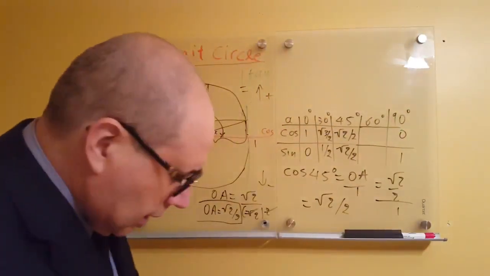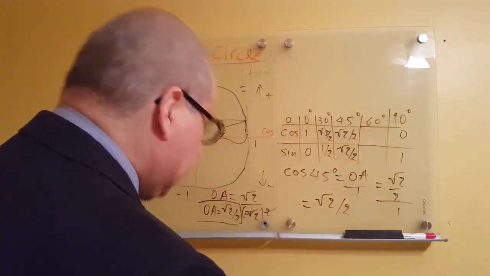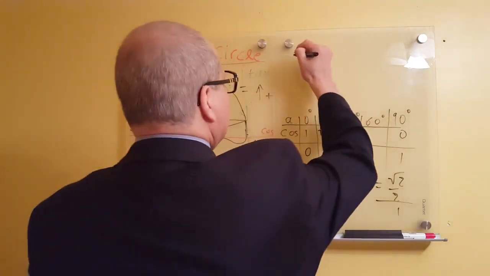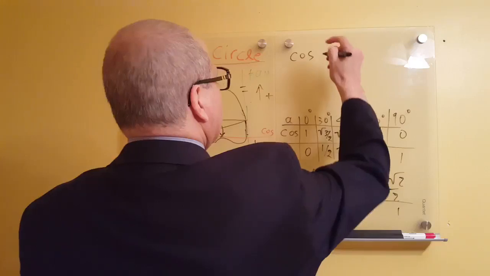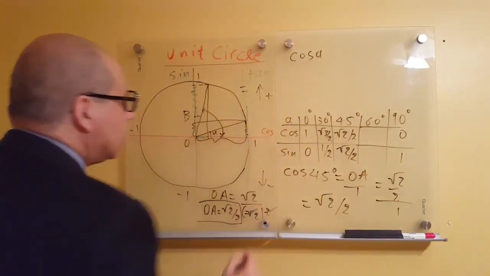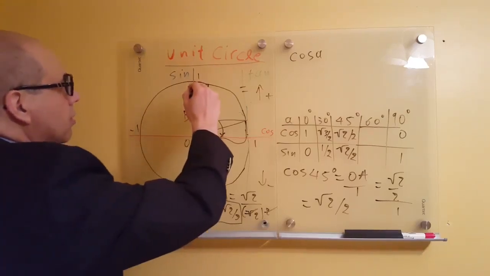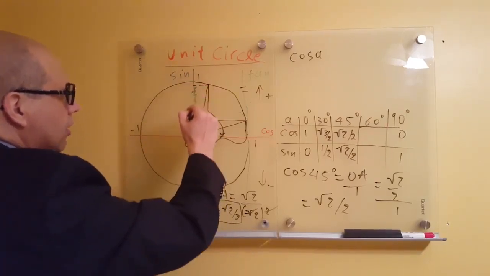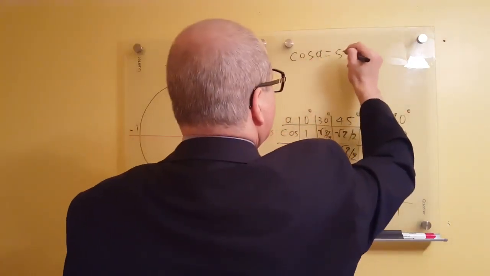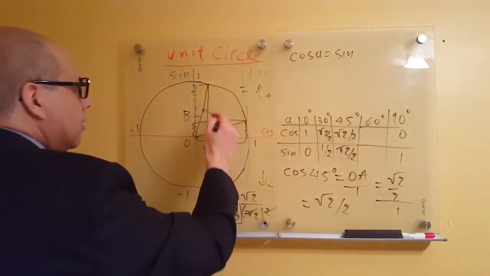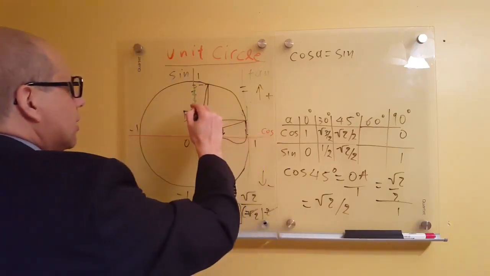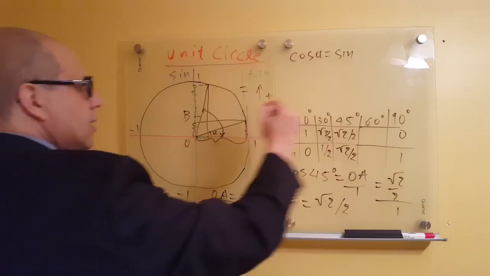Let me tell you exactly what I mean. This segment here, the cos of A, is equal to the sine of this angle here. So how much is this angle? Since we said that this is A, this angle here is 90 minus A.